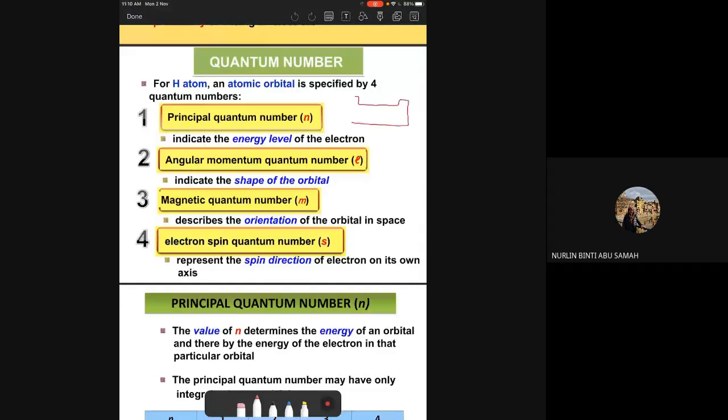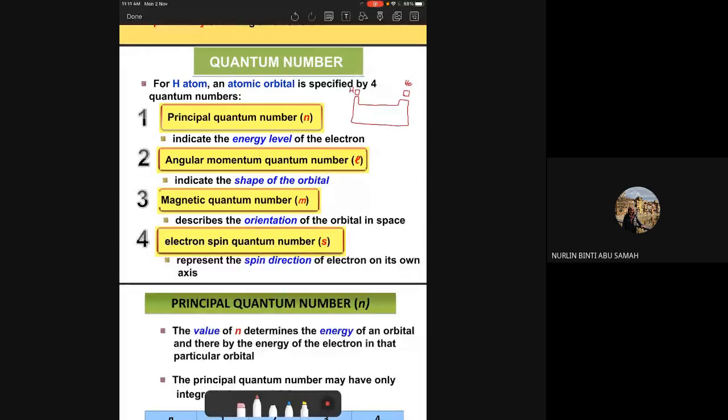Okay, starting daripada hydrogen, helium, betul? Siapa tak pernah tengok periodic table? Saya rasa semua pernah. Okay.